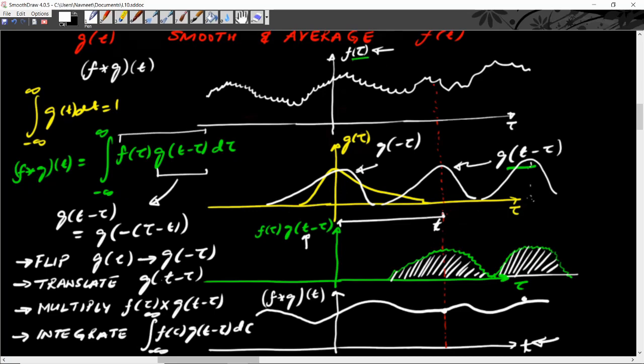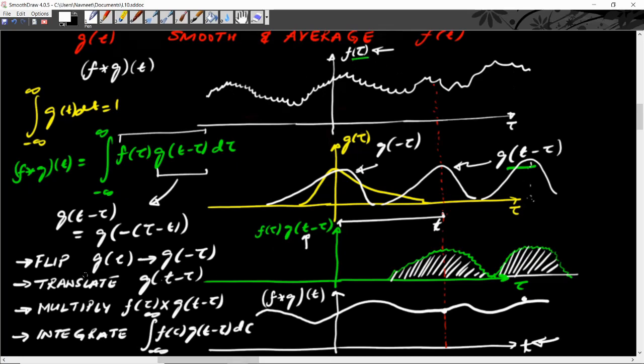After translating to a particular value of t, you multiply it with the function f of tau, and the resulting function is integrated to get a single value of convolution at that particular value of t. And if you do this whole process, you end up smoothing the curve f of t.